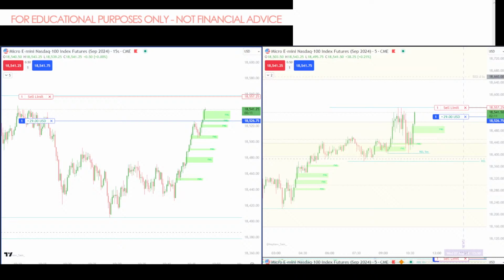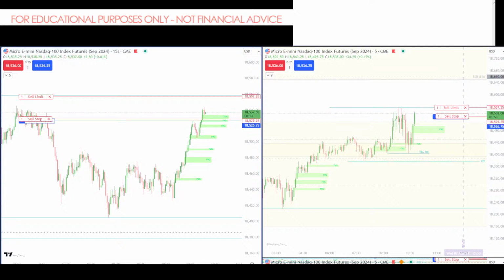And I think we're going to get it. This is the kind of trade that I look for, where, well, obviously I have to play it right, execute it properly still, but it's that last run for buy side or sell side liquidity at the end of a market maker model.